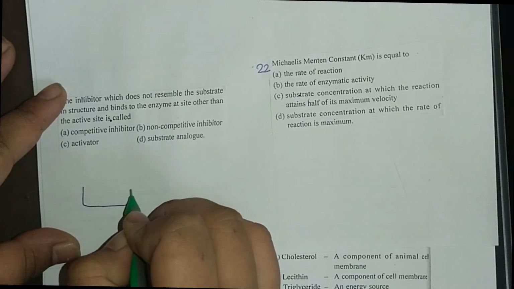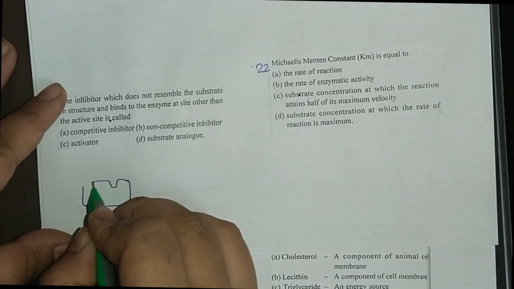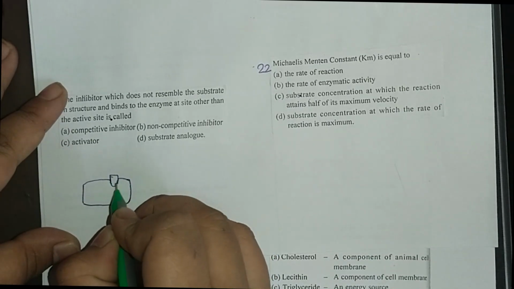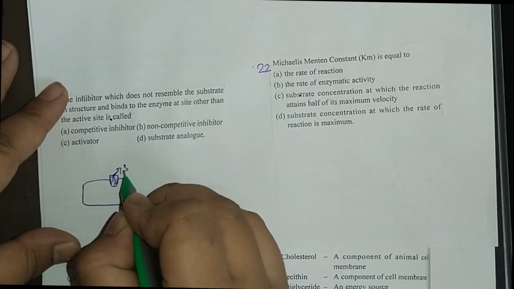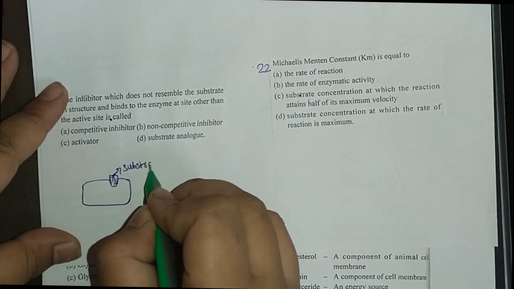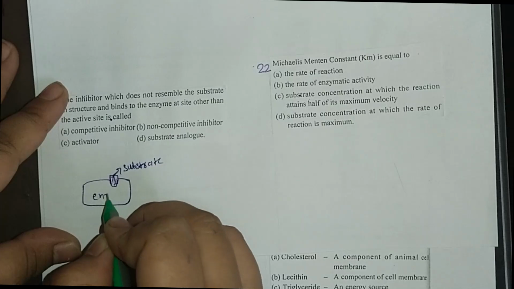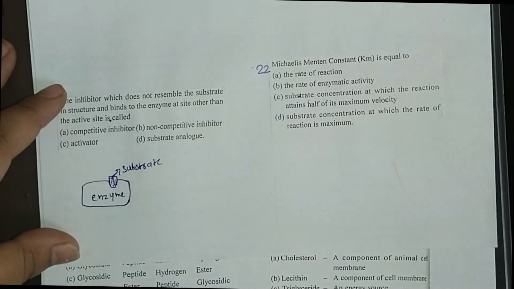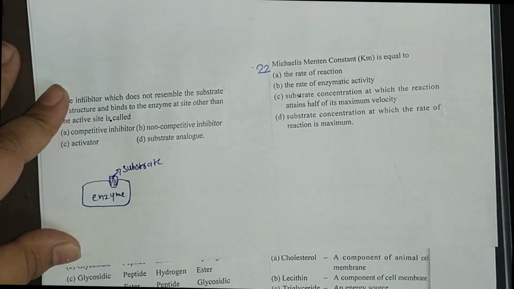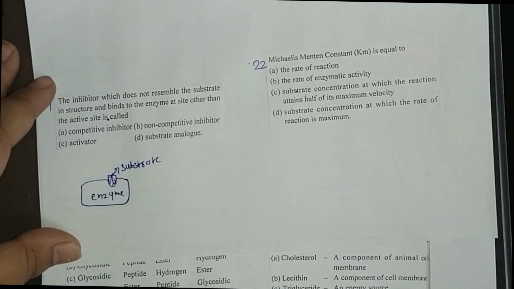Like here is the substrate, it is bounded with enzyme, but there is additional information. What they have mentioned here, that inhibitor which does not resemble to the substrate in structure and bind to the enzyme other than the active site.